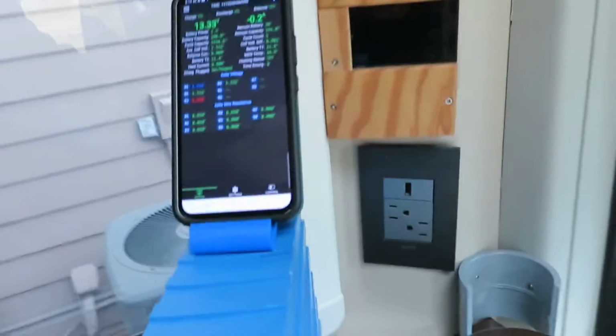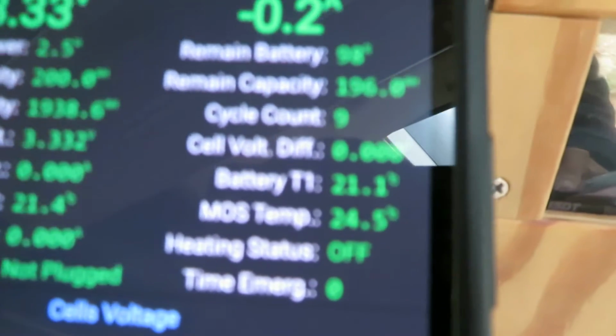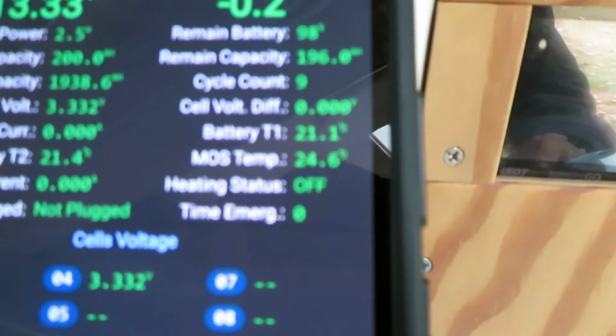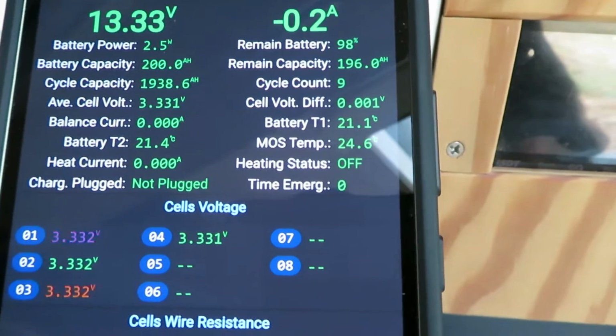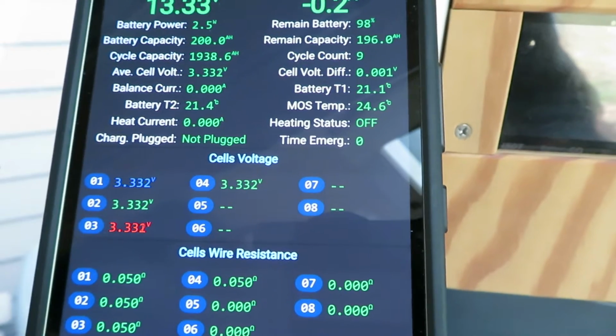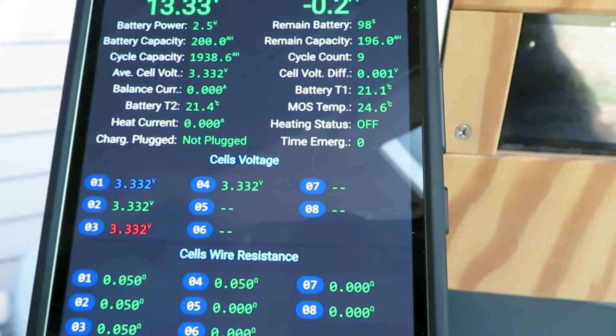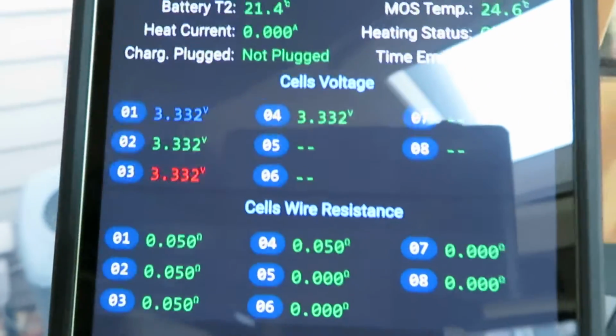So let's take a look at the resting cell imbalance. If you take a look at, okay, cell voltage difference is actually 1 millivolt, 0.001 volt, and these are the cell voltages.